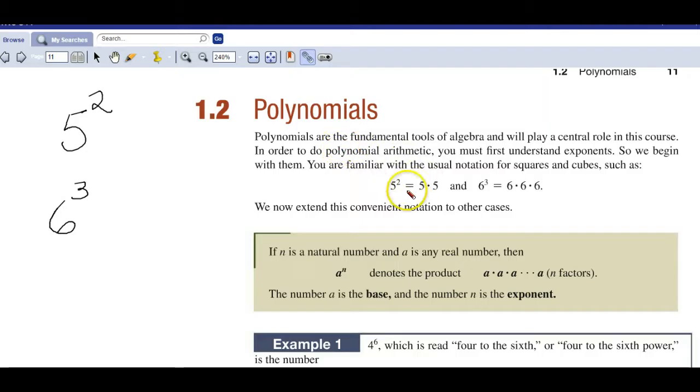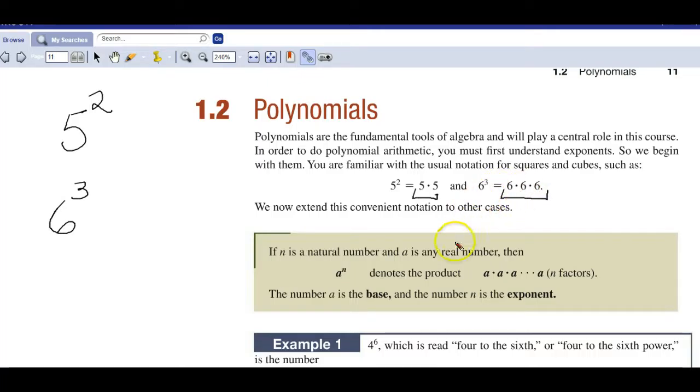Well, as we see here, 5 to the second means 5 times 5, and 6 to the third means 6 times 6 times 6. So when we start to look at polynomials, we have a way to give a shorthand of 5 times 5 and 6 times 6 times 6.